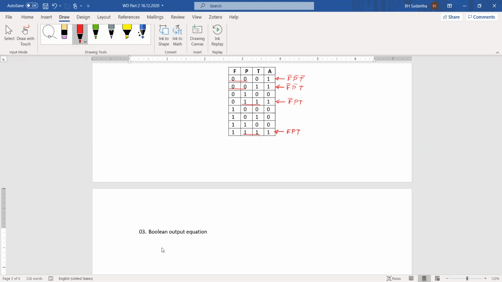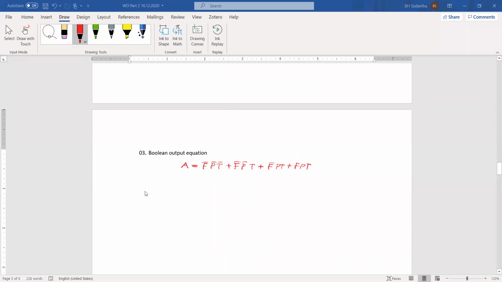Then we can write the output equation. A equals F bar, P bar, T bar plus F bar, P bar, T, then F bar, P, T plus F, P, T. And the final circuit you can draw.